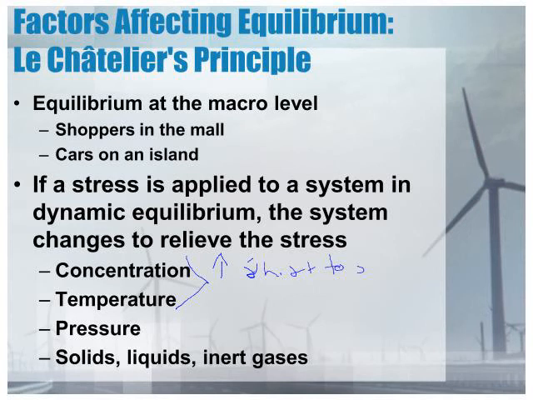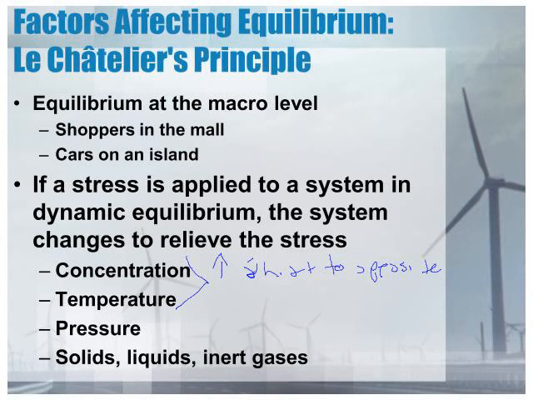So if you're increasing the concentration of a reactant, then it's going to shift to make more of a product. If you're increasing the temperature and it happens to be on the product side, it's going to shift to the reactant side, and we'll do an example in just a moment.